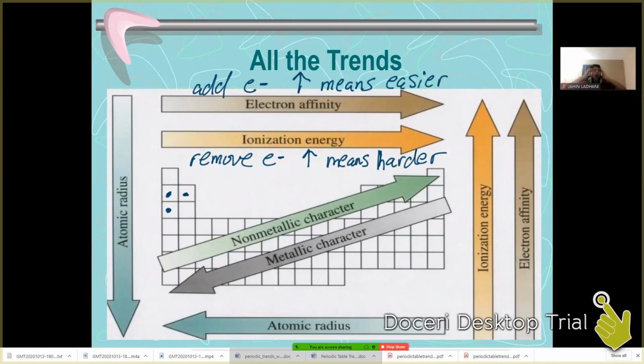So based off of your trend for atomic radius, which one of those would have the largest atomic radii? That's right, sodium. This one right here, your Na. Because my trend is they get larger as I go down or as I go backwards across the period.